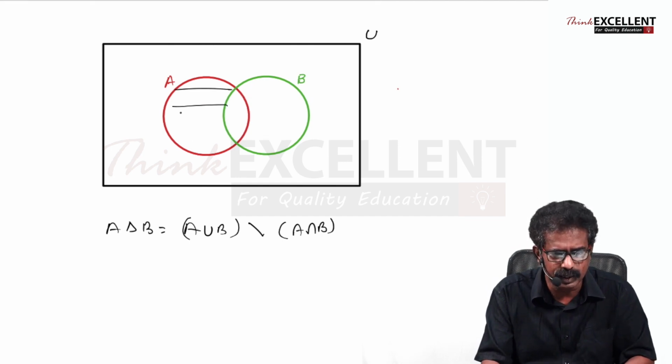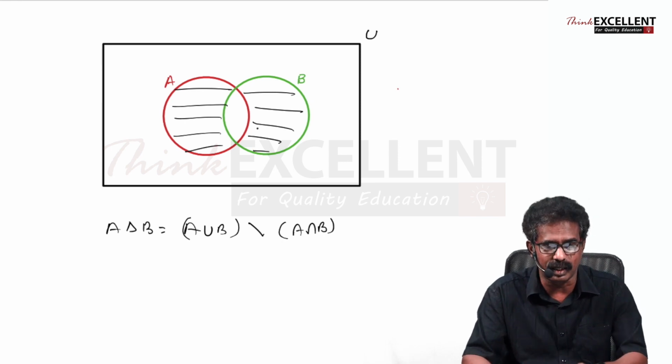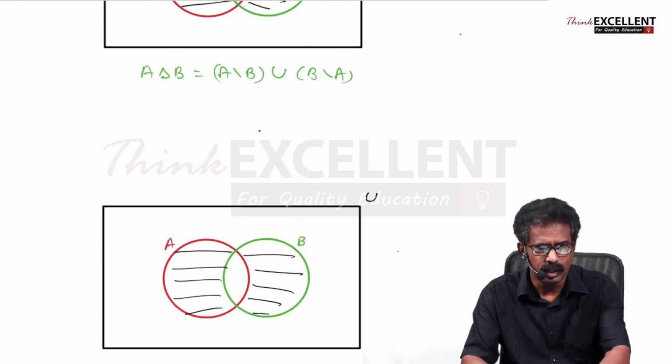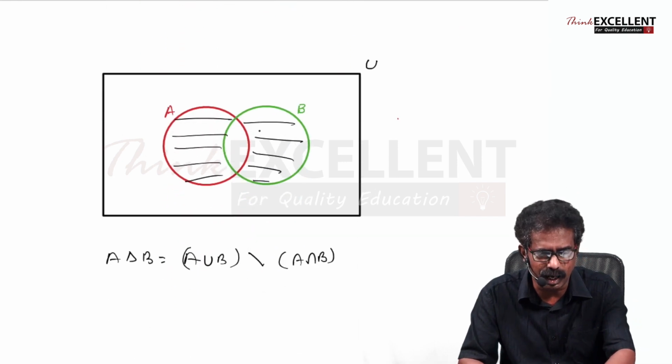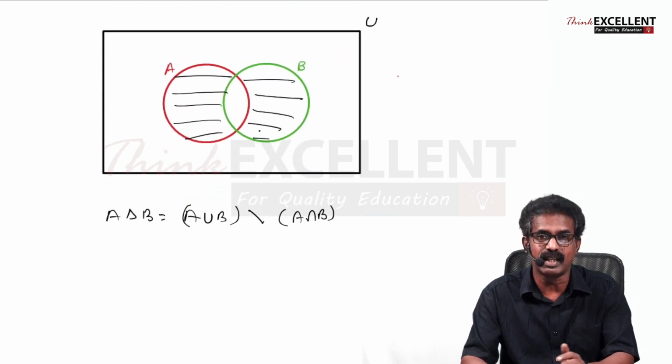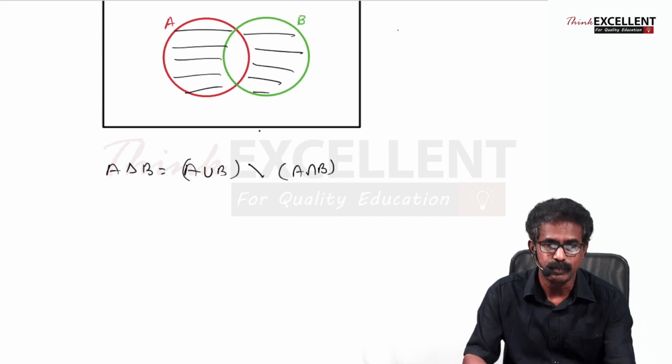Again, you will get the same thing, this one and this one. So in both the ways, you will get this one. So A delta B, there are two formulas, right? A delta B is A difference B union B difference A, or A union B difference A intersection B. Okay, so there are two ways you can define.